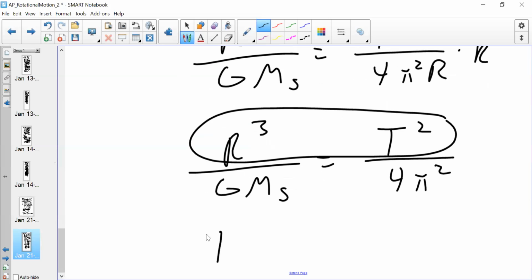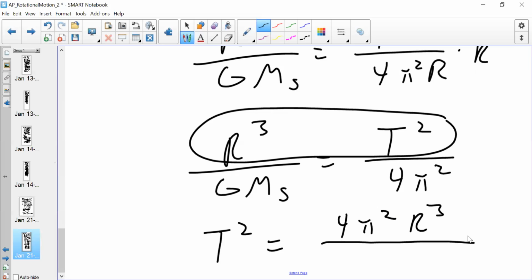So then, if I wanted to do this in terms of T squared, it is equal to 4 pi squared r cubed over G M_S, or just whatever the largest mass, in this case, mass of the sun.